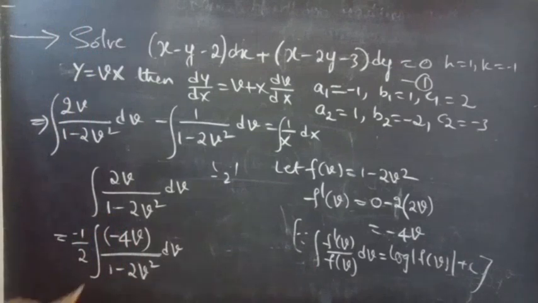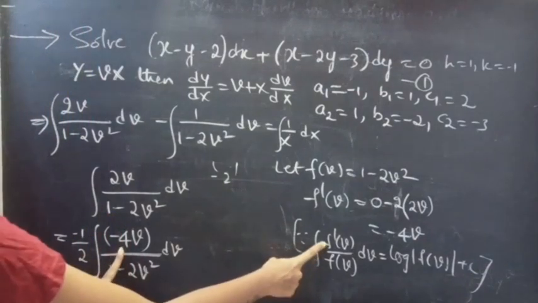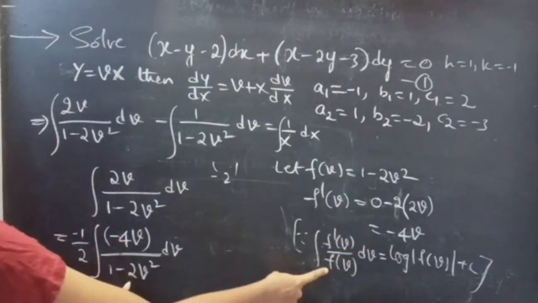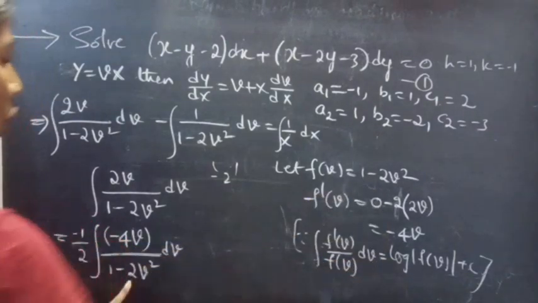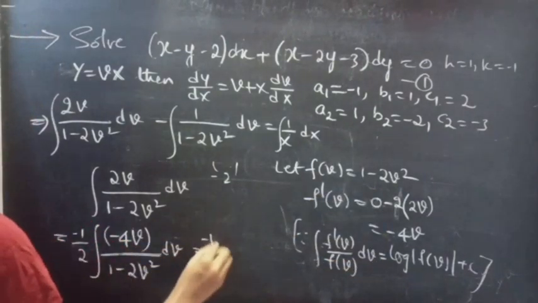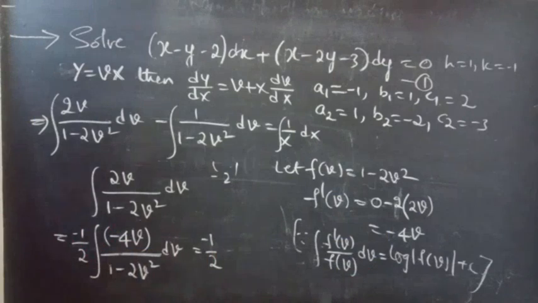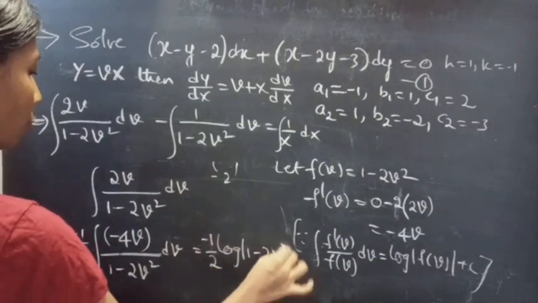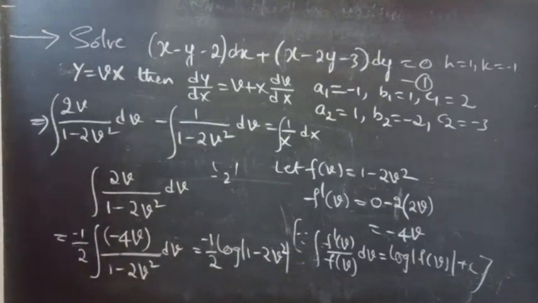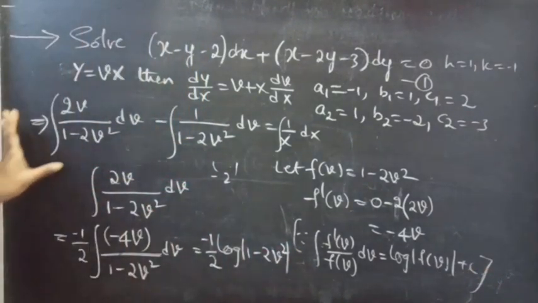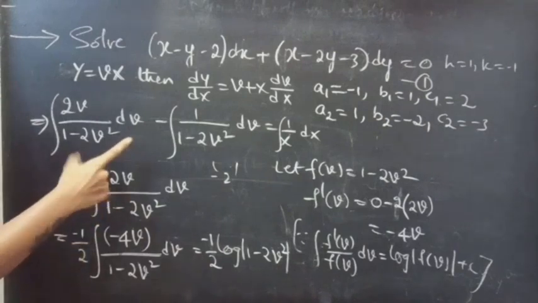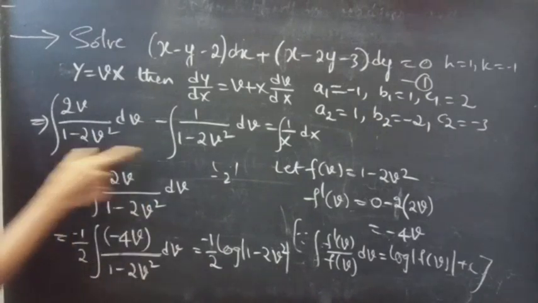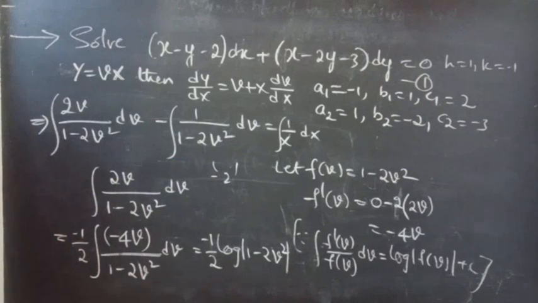Since integral f dash of v by f of v is equals to log mod f of v, this becomes log mod 1 minus 2v square. We don't write plus c here, okay? We'll write it finally after evaluating these integrals.